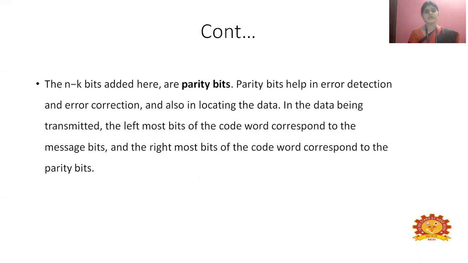The n minus k bits added here are called the parity bits. The parity bits help in error detection and error correction and also in locating the data. In the data being transmitted, the leftmost bits of the code word correspond to the message bits and the rightmost bits of the code word correspond to the parity bits.